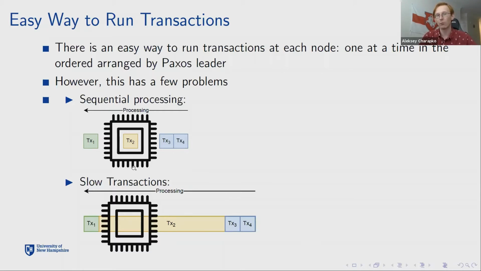Again, if you have multiple processing units, if you can parallelize the transaction execution at your node, you can somewhat mitigate this issue as well, because you may have an additional processing unit that can take care of transaction 3. That's the problem with this naive approach to running these transactions in these replicated state machine systems.